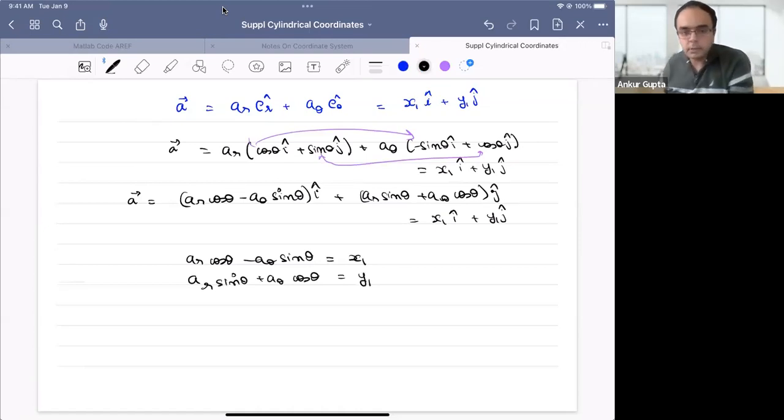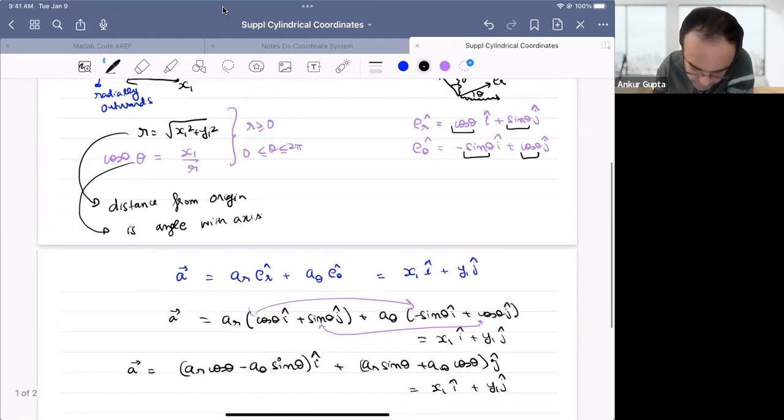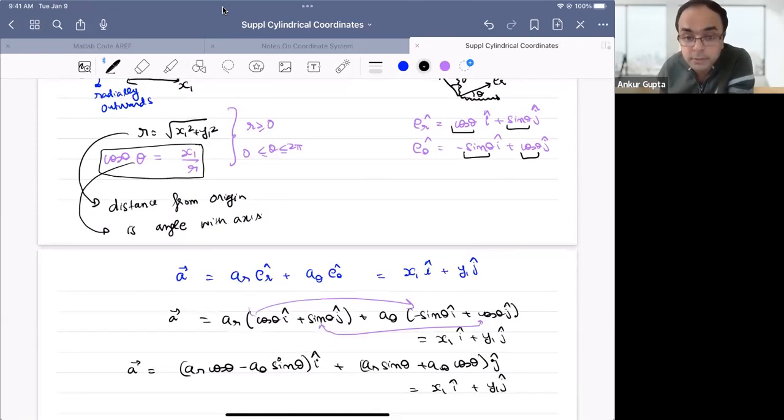Okay. So I have this, clearly I have this value, and we should not forget that this is what we have, but we also know that cos theta is equal to x1 by r, and so we have those descriptions varying.